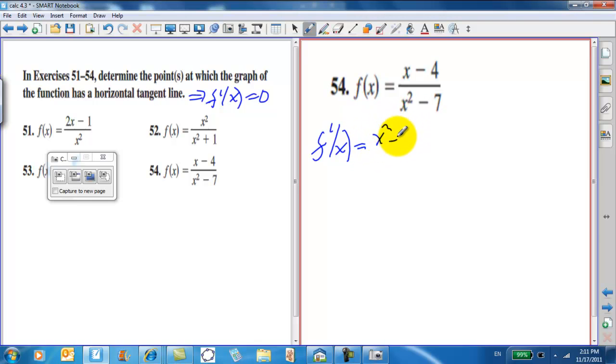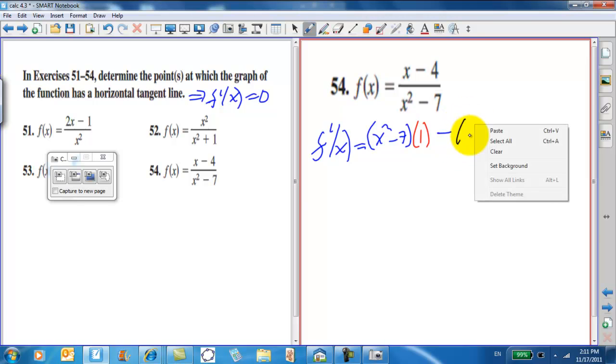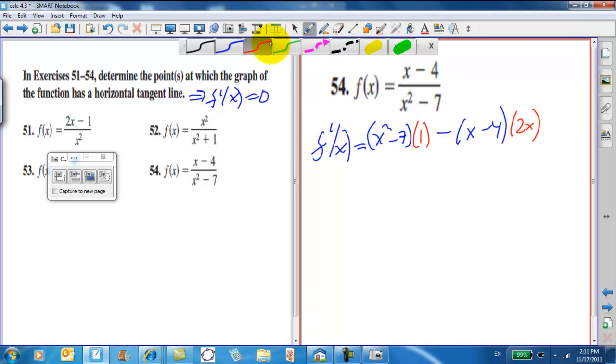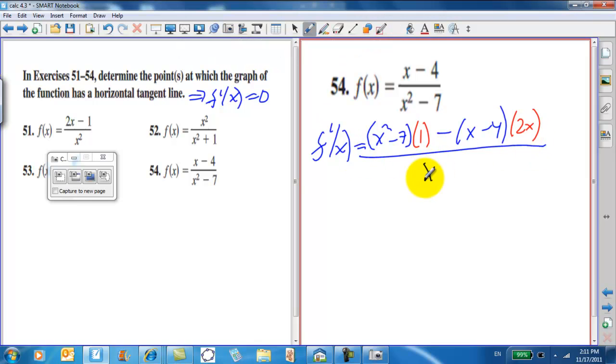Low, which is x squared minus 7, d high, the derivative of the top, which is 1, minus high, which is x minus 4, times the derivative of the bottom, which is 2x, all over low squared, x squared minus 7 squared.